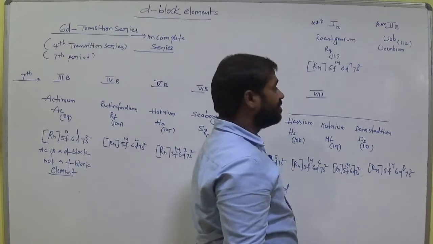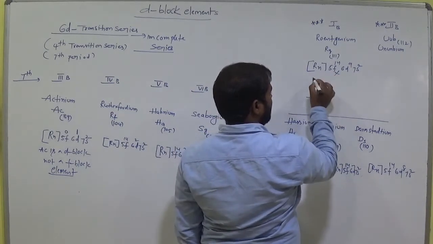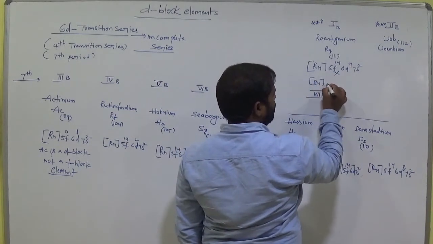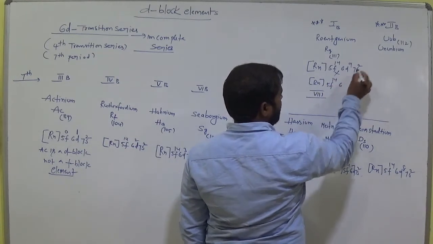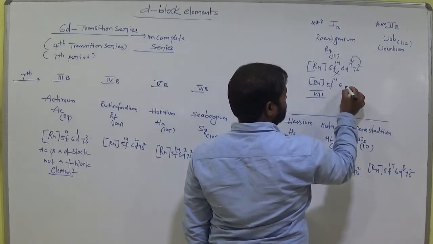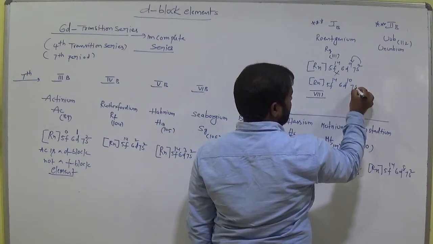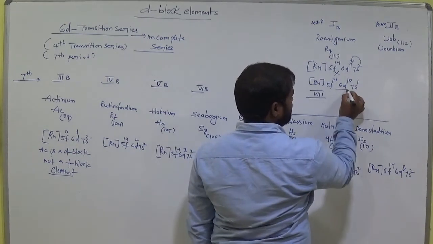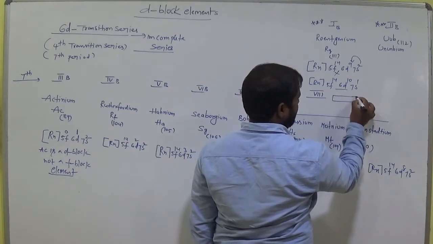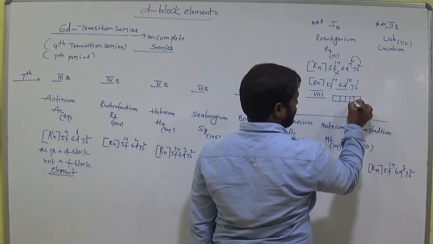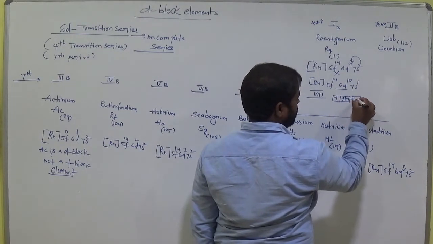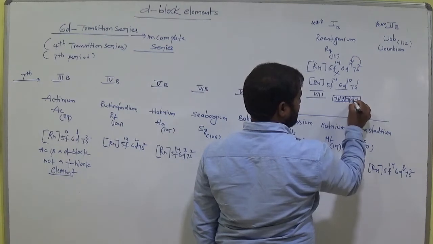We expect this, but here what happened? For getting stability, one electron enters into 6d, so 6d10 7s1. Clear? So here the 6d is completely filled: 1, 2, 3, 4, 5, 6, 7, 8, 9, 10.